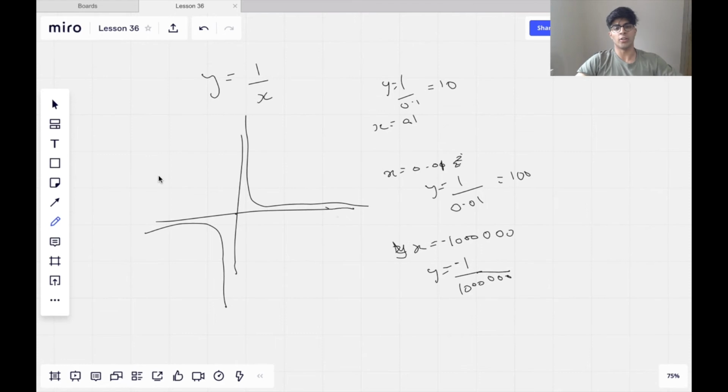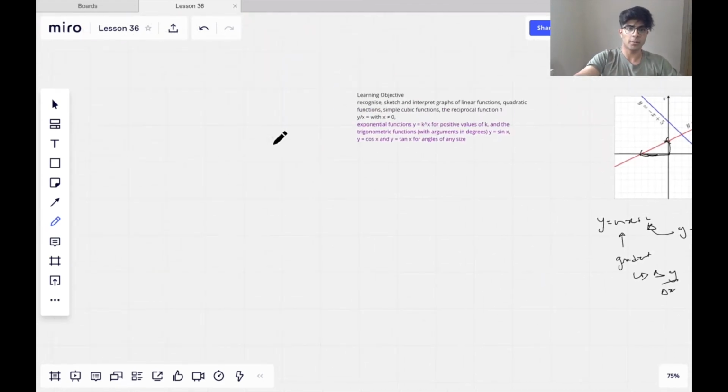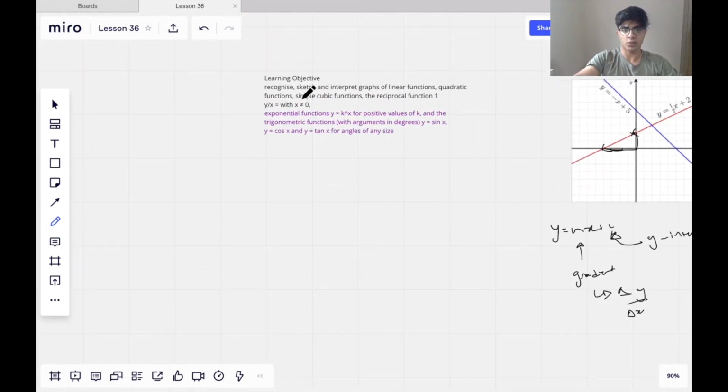You'll note in the learning objective, if we go back to it, it mentions that for the equation y equals 1 over x, x does not equal 0. That makes sense, because if you do 1 divided by 0, you don't really get a number. It's a bit weird, because 1 divided by nothing poses quite a few problems.